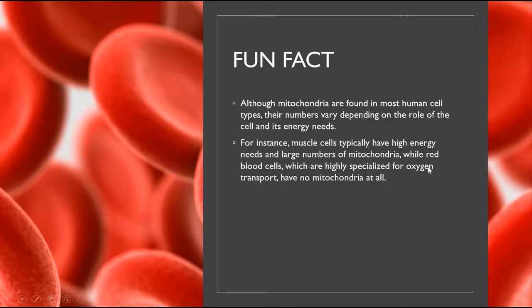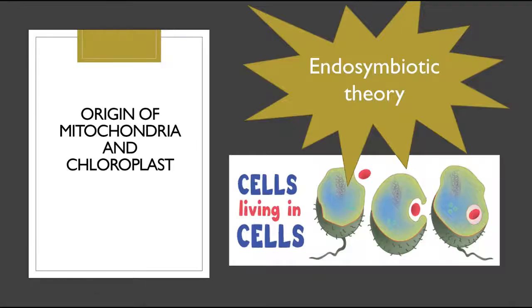On the other hand, red blood cells, or RBCs, don't have any mitochondria because they are highly specialized for oxygen transport. Okay, so you see the difference in mitochondria based on the function of the particular cell. The number of mitochondria or the number of ribosomes varies from cell to cell.